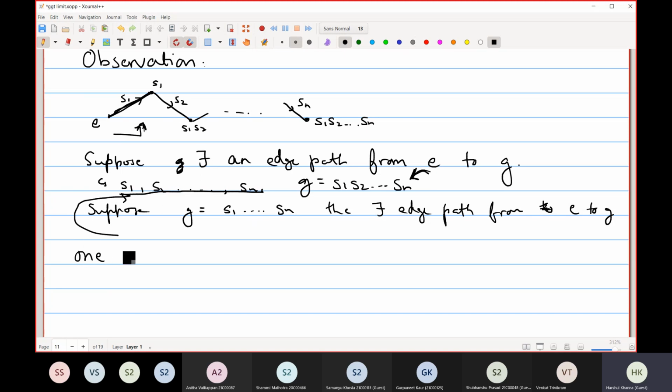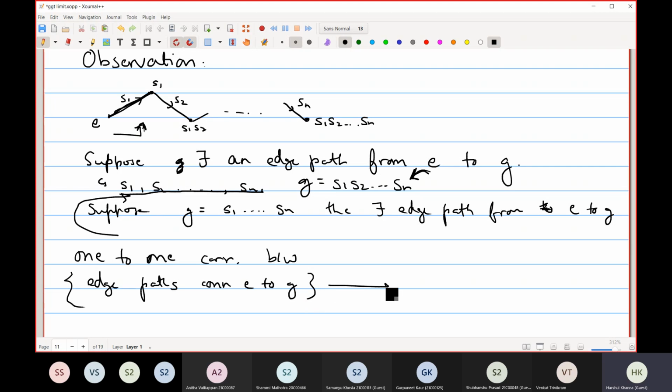So there is a one-to-one correspondence between the first set, edge paths connecting E to G, and the second set, words in your generating set representing your G, such that their value is G. So this is a geometric object.